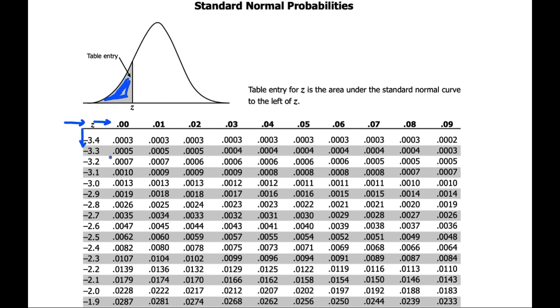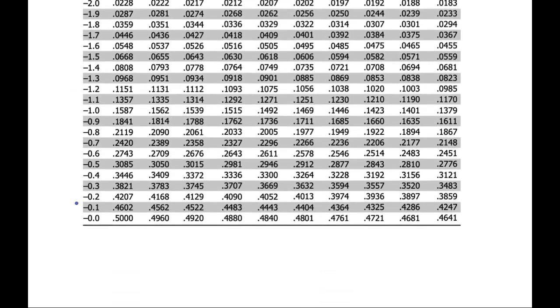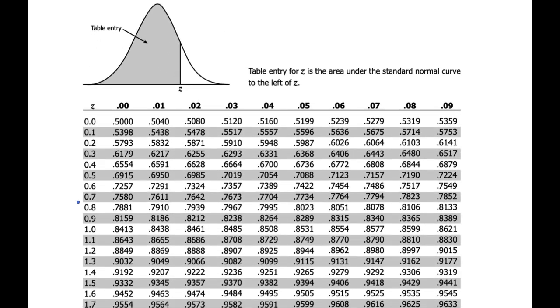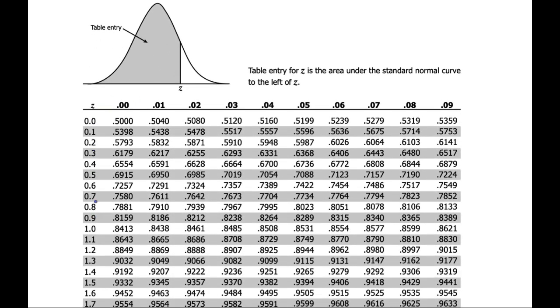The numbers with 4 digits in the middle of the table are the areas or probabilities. The first page of the table gives the negative z values and the probabilities corresponding to those values, and here, the same but for positive z values, with the area or probability to the left of z.